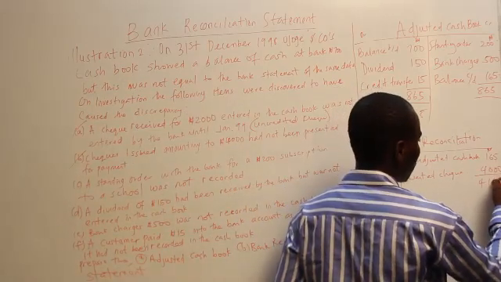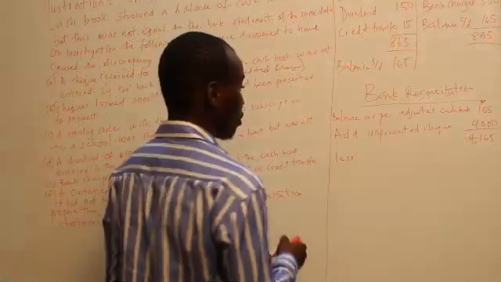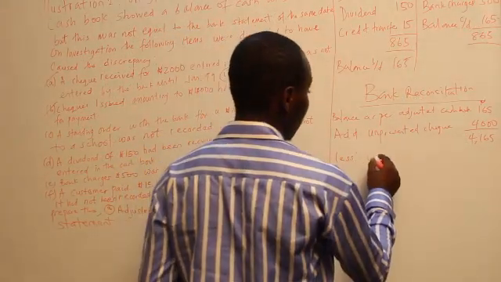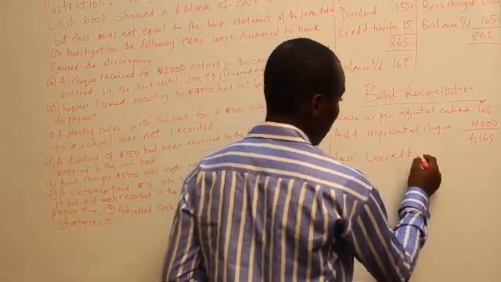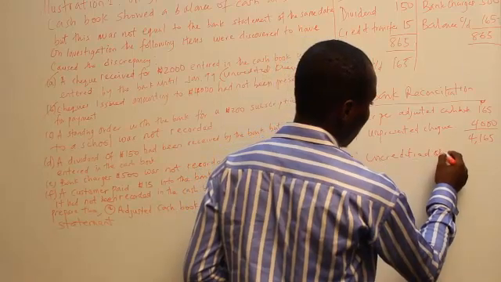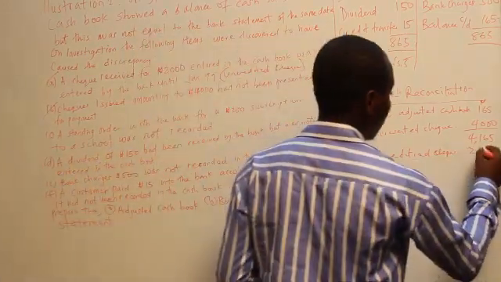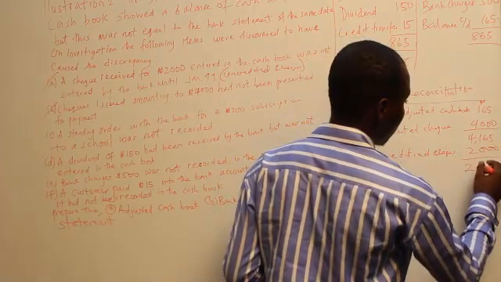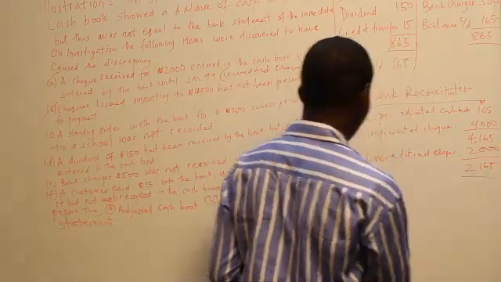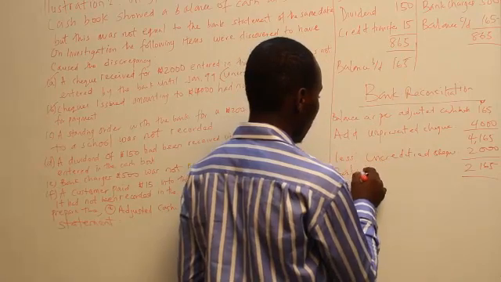That gives us 4,165. Then we deduct the uncredited check, 2,000 naira. So we have 2,165 as the balance per bank statement.